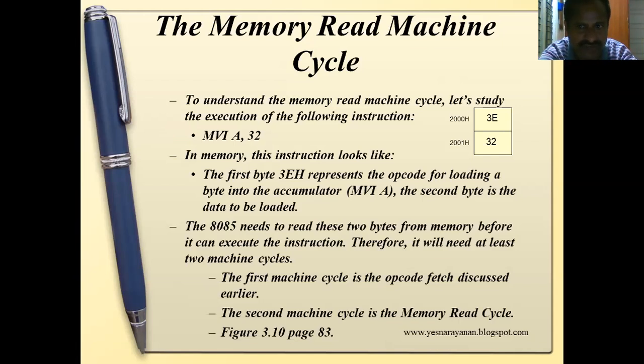The 8085 needs to read these 2 bytes from memory before it can execute the instruction. Therefore, it will need at least 2 machine cycles. The first machine cycle is the opcode fetch discussed earlier.